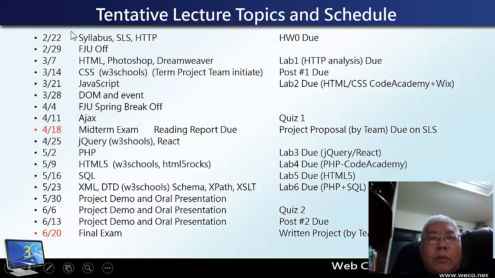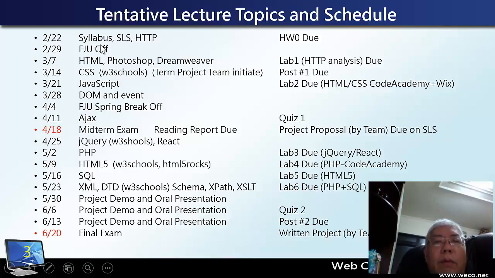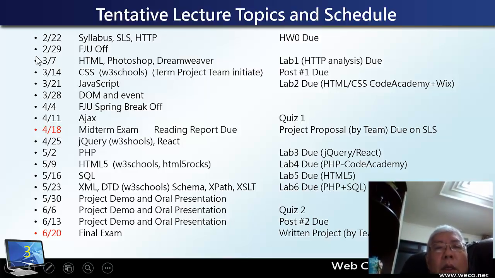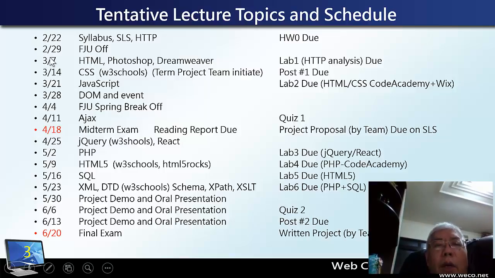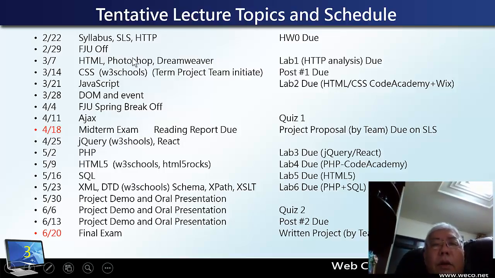And today, February 22nd, we have a syllabus, the social learning space, and the hypertext transfer protocol. As we mentioned earlier, we have a homework 0 due today. And next week we have a day off, the national holiday. On March 7th, we're going to have HTML and also tools, Photoshop and Dreamweaver.